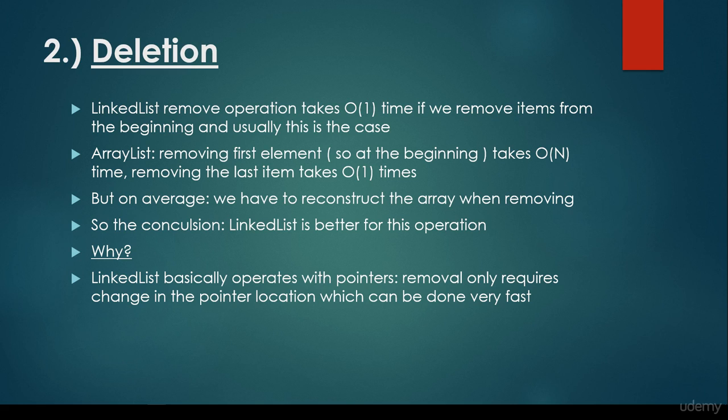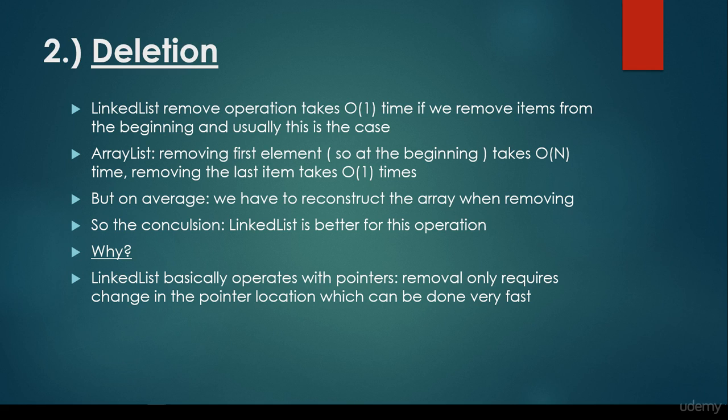It's very important to see the difference: for arrays, it's very fast to manipulate the last items, whether it is about removing or inserting an item, but manipulating the beginning of the list is going to take O(n) linear time. For linked lists, manipulating the first item is going to take O(1), constant time complexity, so very fast, while manipulating the end of the list is going to take linear time complexity.